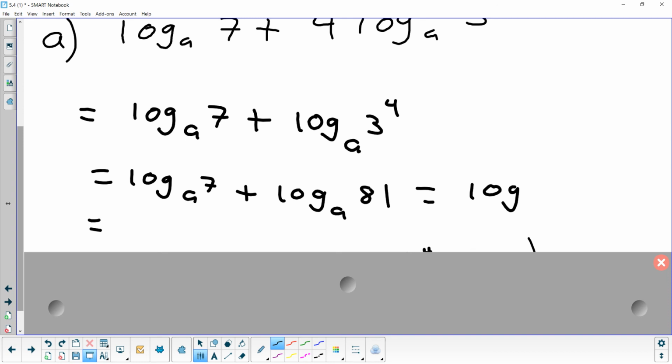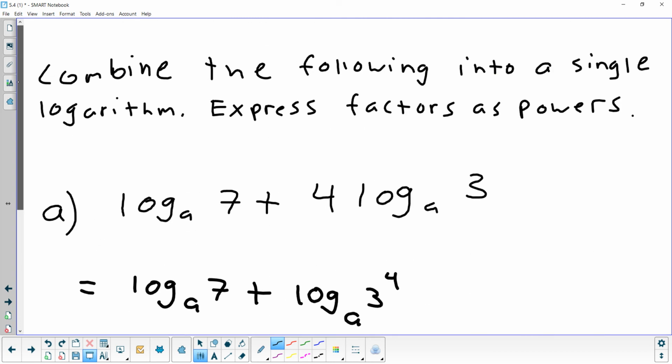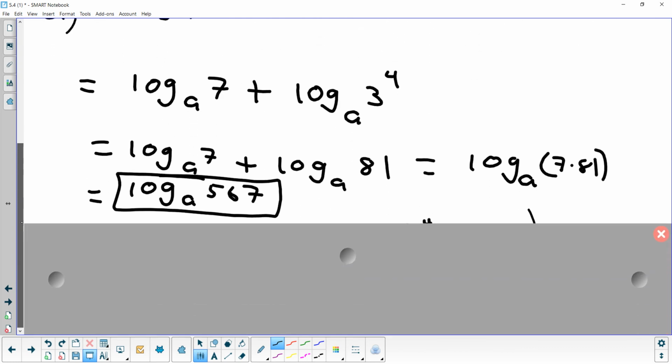What's going to be the base on my combined log? A. And what's going to be inside the parentheses? 7 times 81, which is 567. So you don't want us to include exponents in the final answer? No, because they said to put factors as powers, and then you have to do the power out. Okay.